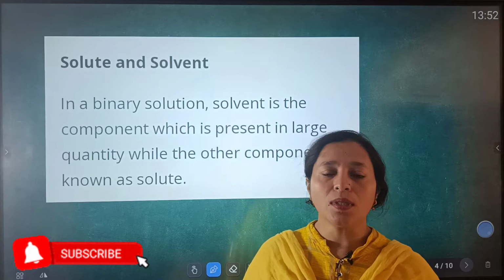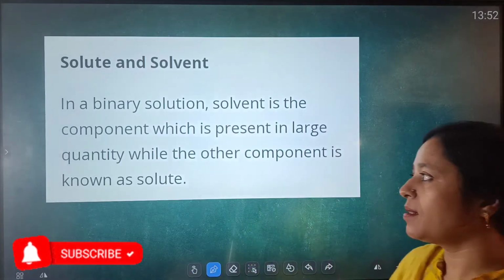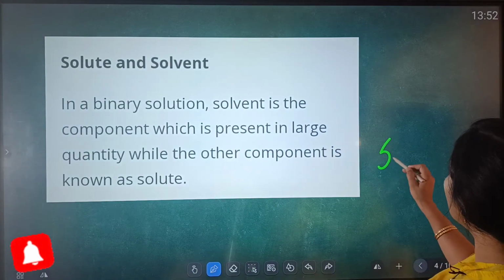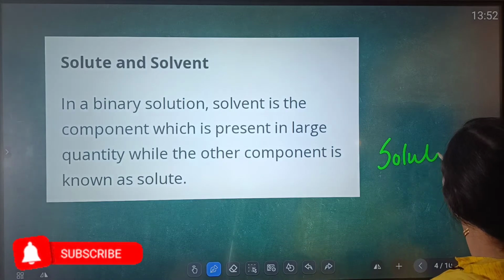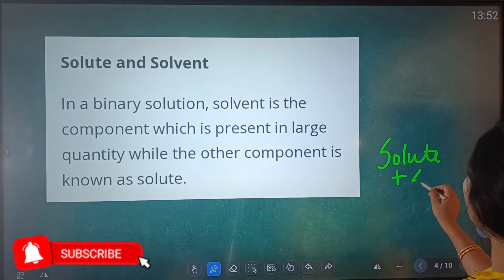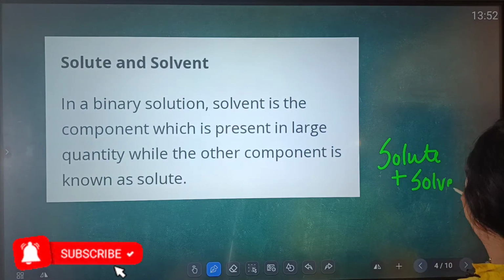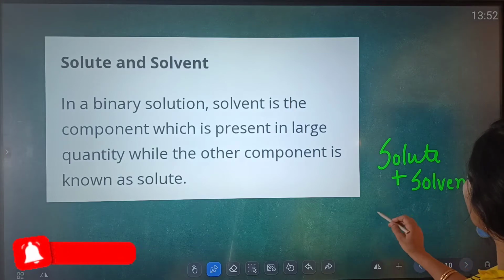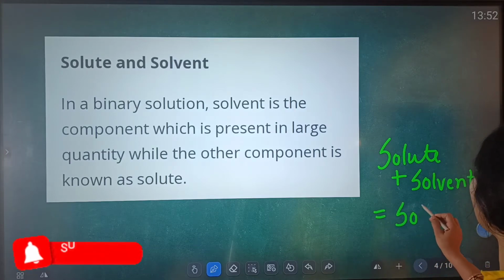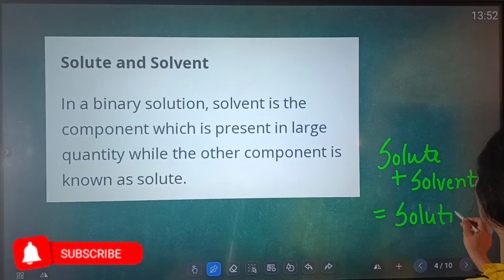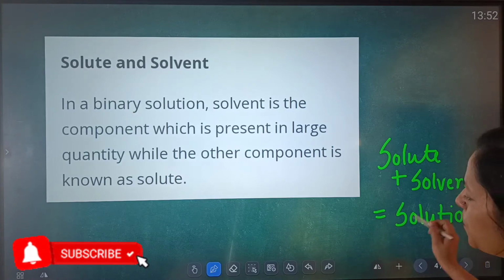So solute plus solvent brings out solution. It must be very clear to you.